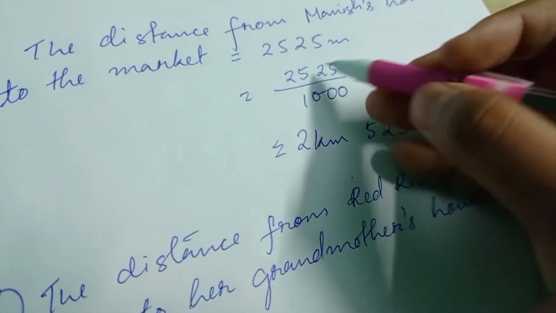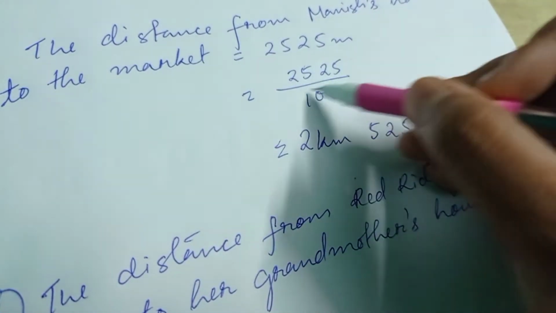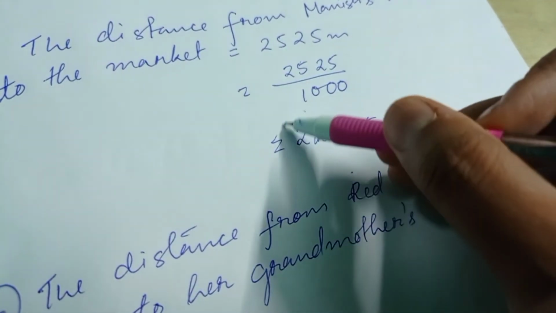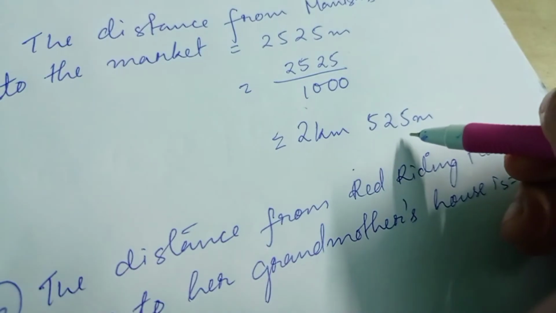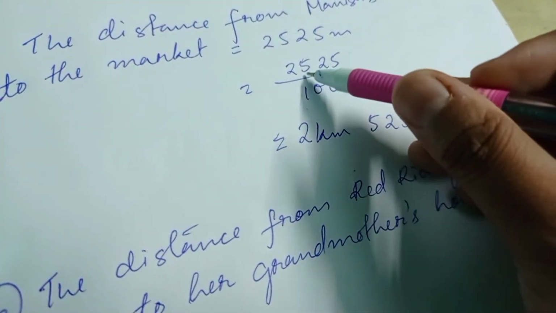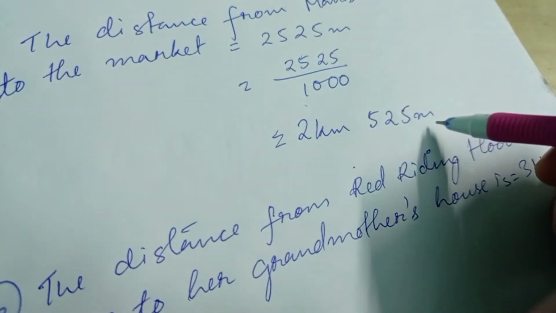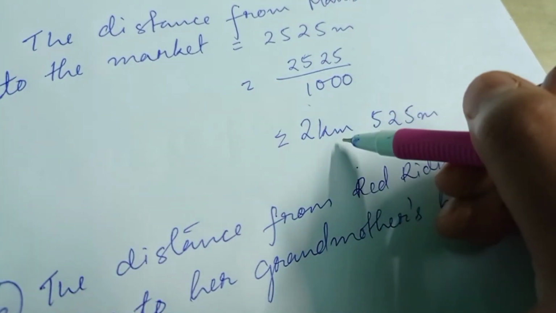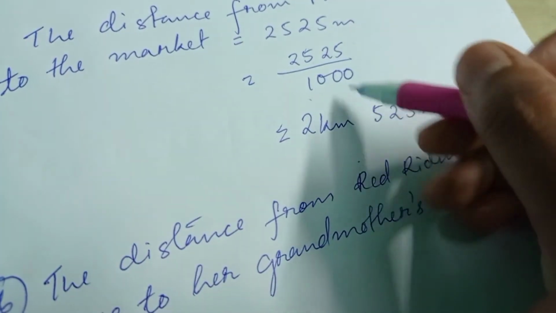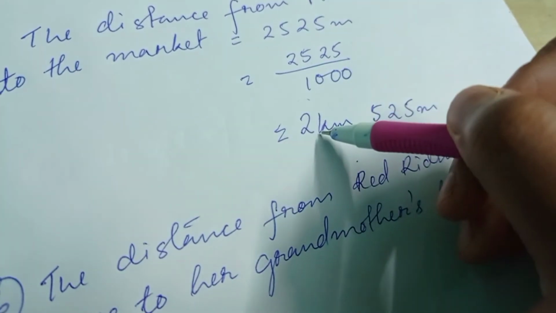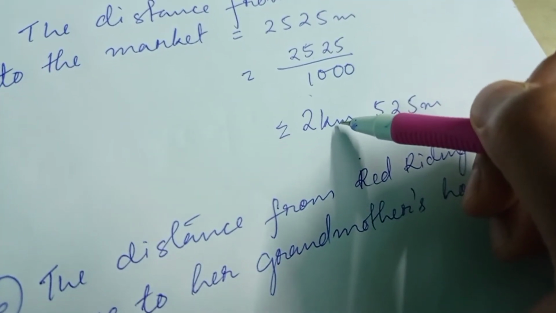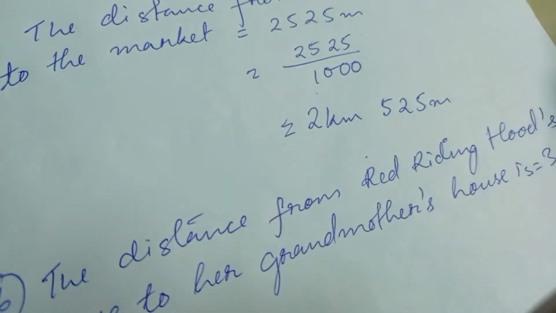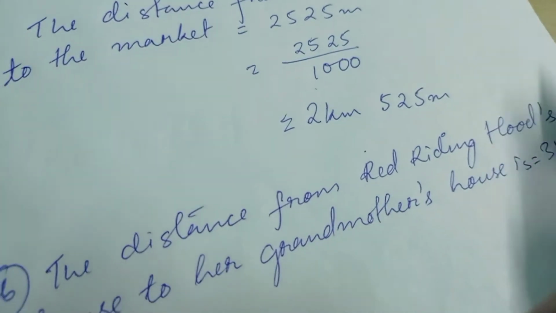Or you can remember like this also: the last three digits are meter, and whatever remains is in kilometer. Or if you divide also, you will get 2 kilometer as quotient and 525 as remainder. So like that also, the same thing is going on.